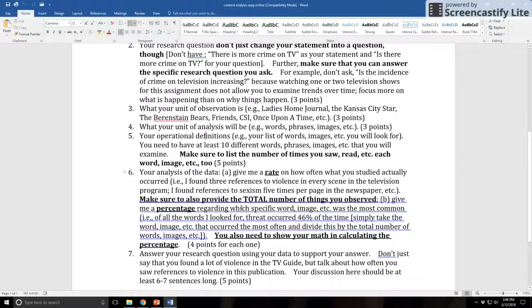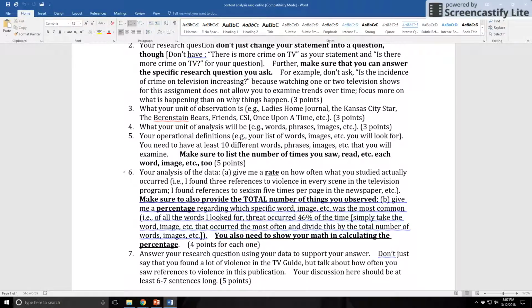B, so here's A, the rate, which I just described. B is a percentage. So A deals with everything. What's the total stuff you saw? B is of all the things you saw, which occurred most often. So if I looked and I saw 30 things, total things, and 15 of those dealt with guns, then I'd just do some math.